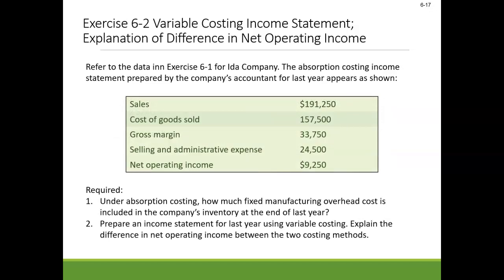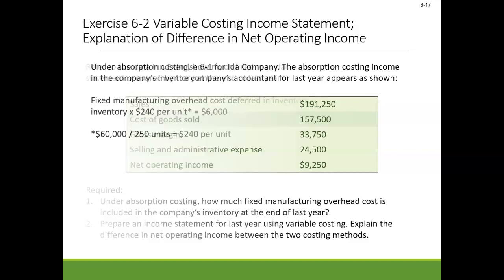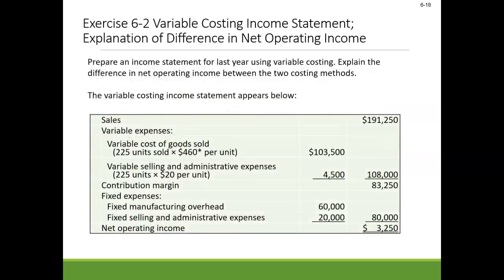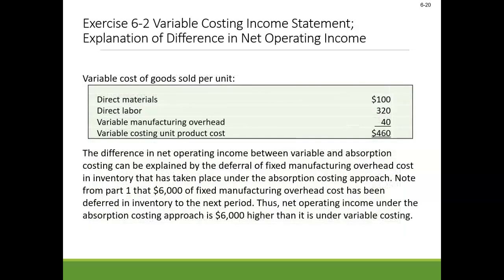Under absorption, remember the key is some of that fixed overhead is sitting in ending inventory. Under variable, it's all sitting as a period cost. The difference in net operating income between variable and absorption can be explained by the deferral of the fixed manufacturing overhead cost in inventory of that $6,000.